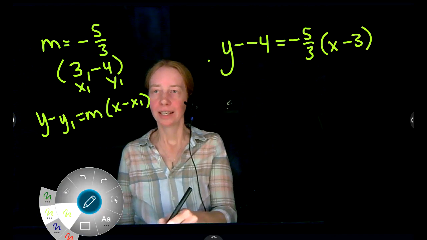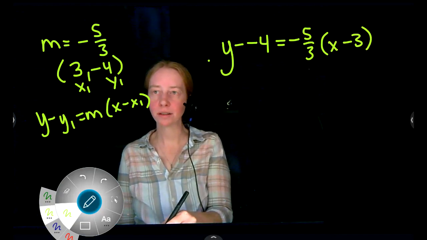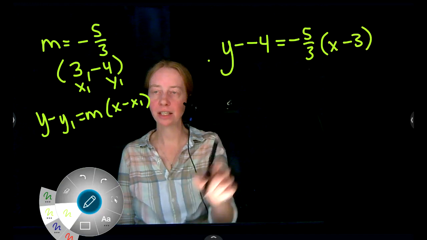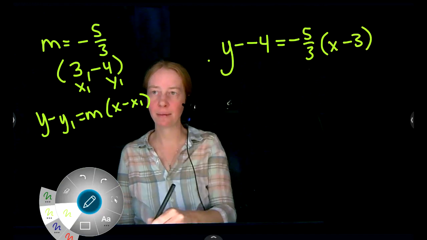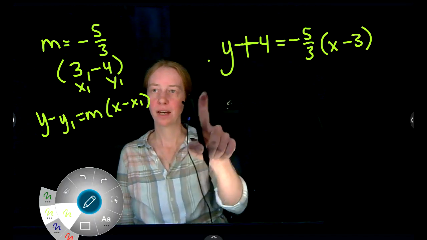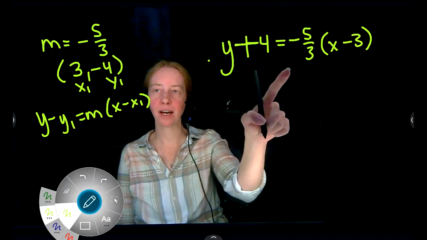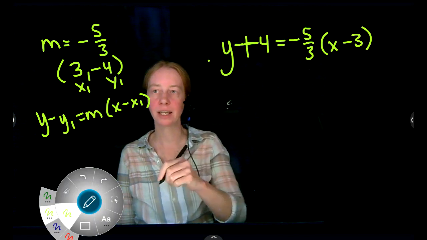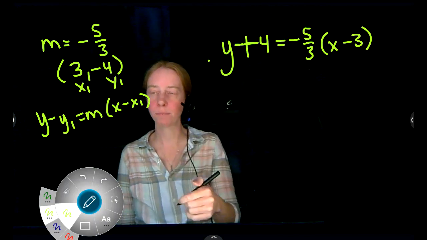If I was writing this in point slope form, the only thing I need to do is fix the double negative. So I'm going to change this to a plus. y plus 4 equals -5/3 times x minus 3 is in point slope form.